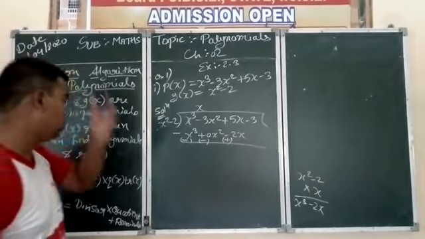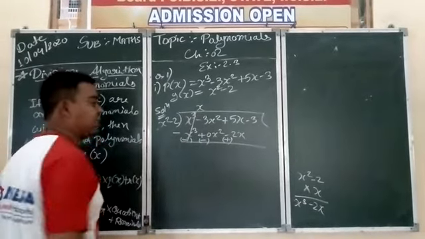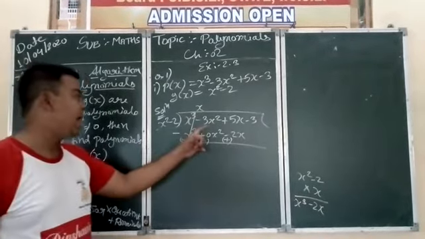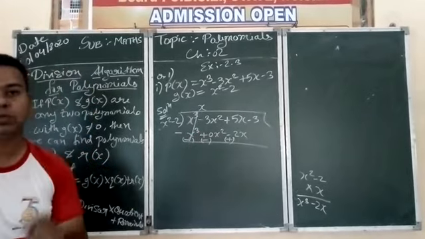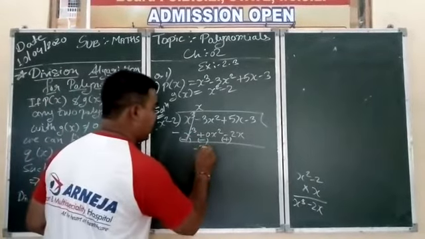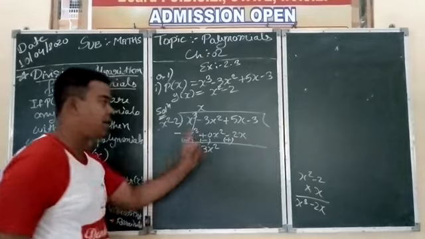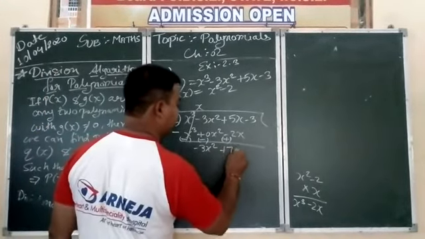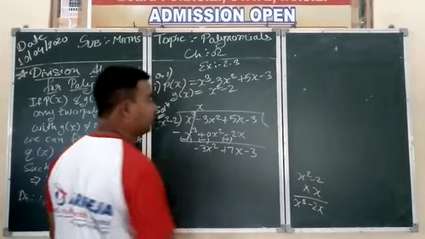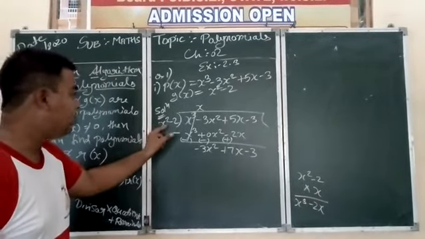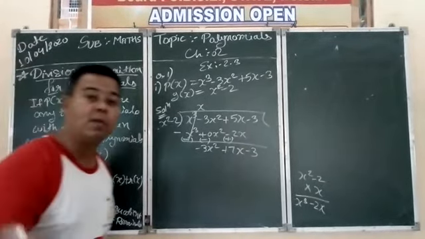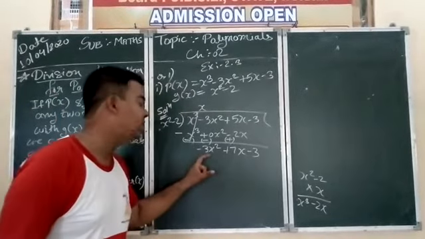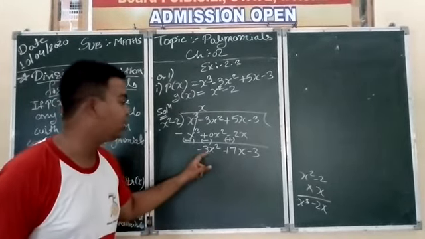So x cube minus x cube cancels. Minus 3x square minus 0x square, so the answer is minus 3x square. 5 plus 2 is 7x, minus 3. Now x square minus 2 is multiplied by which term to get minus 3x square? We want minus 3x square as our first term.